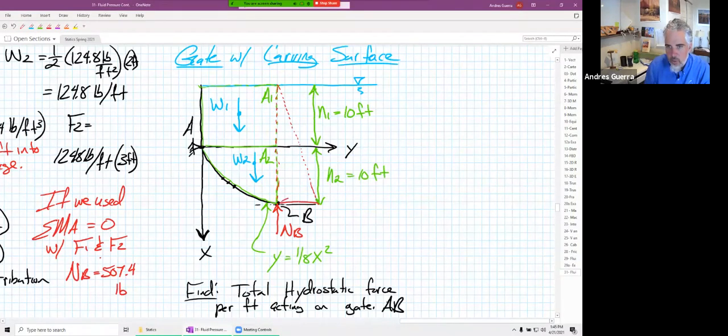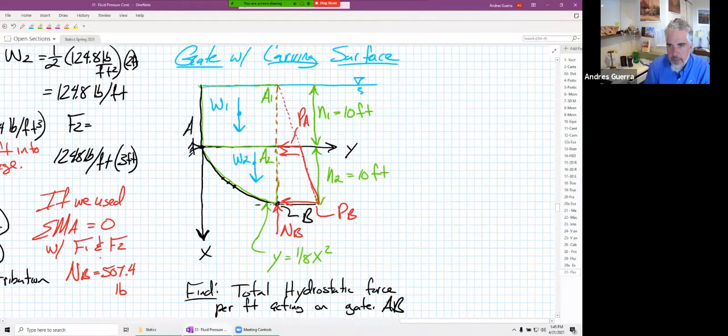We're only interested in the pressures exerted on the gate, so we end up with a trapezoid of a PB and a PA acting there.